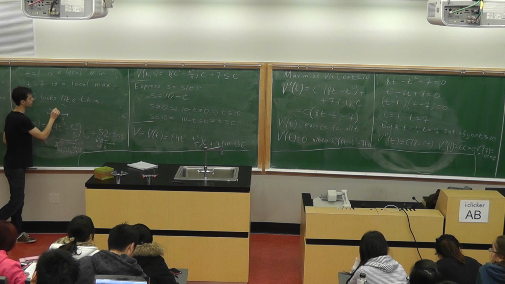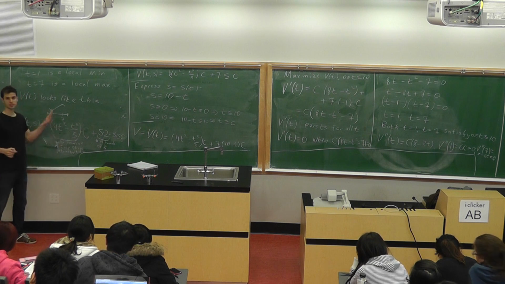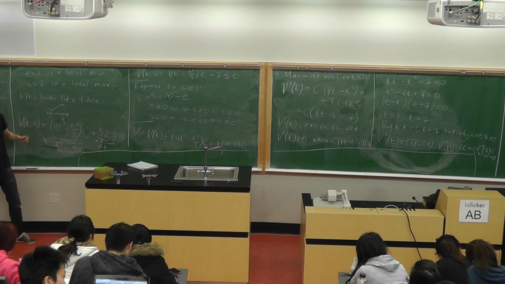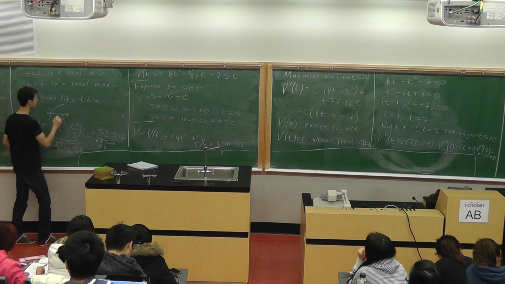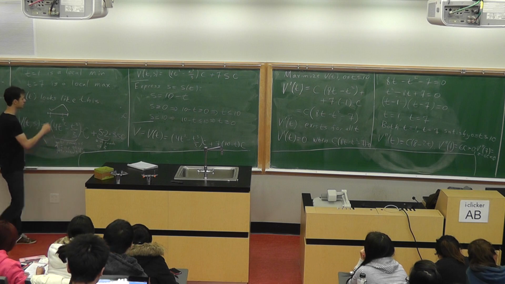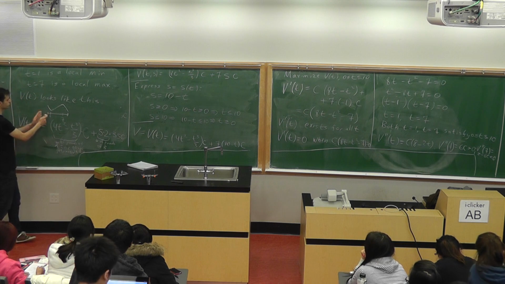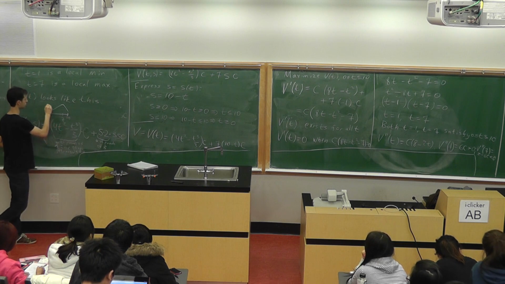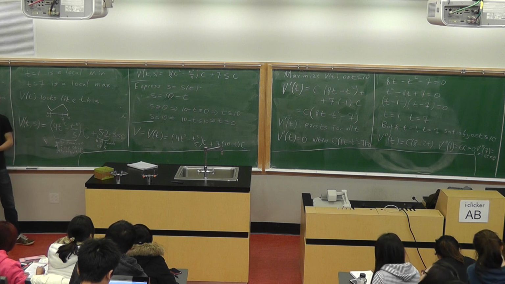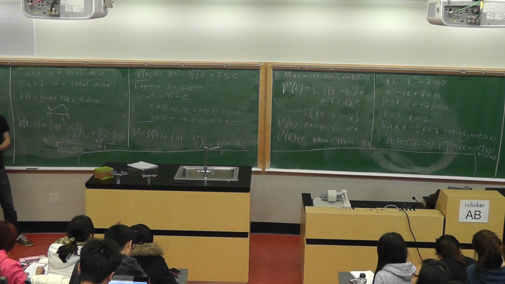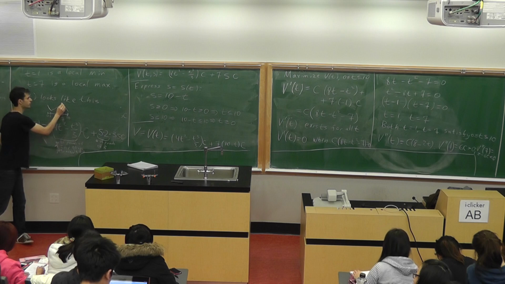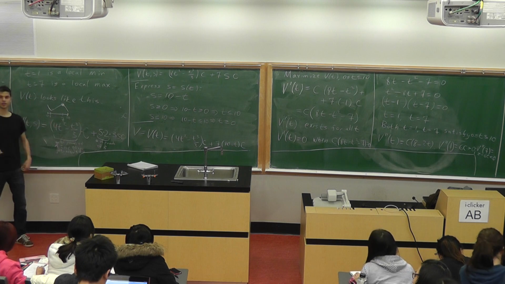From the minimum to the maximum, it must increase because it never changes direction in between. It doesn't have other local minimum or maxima. From here, it must decrease. And from 0 to 1, it must also decrease. So where is the maximum? Well, here.